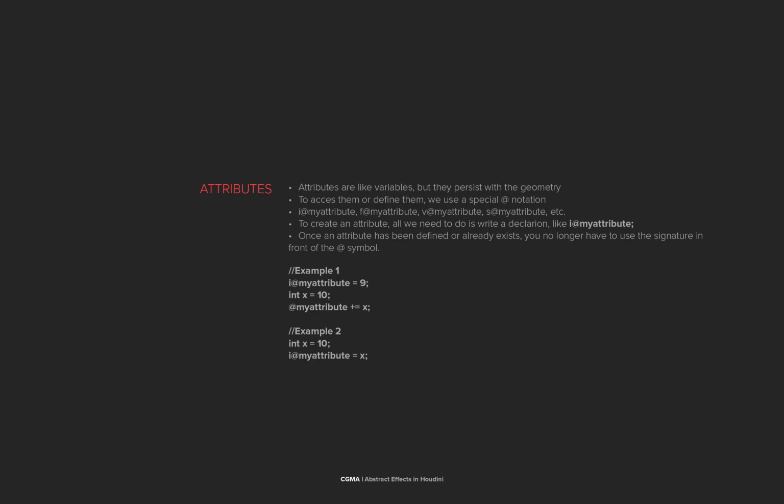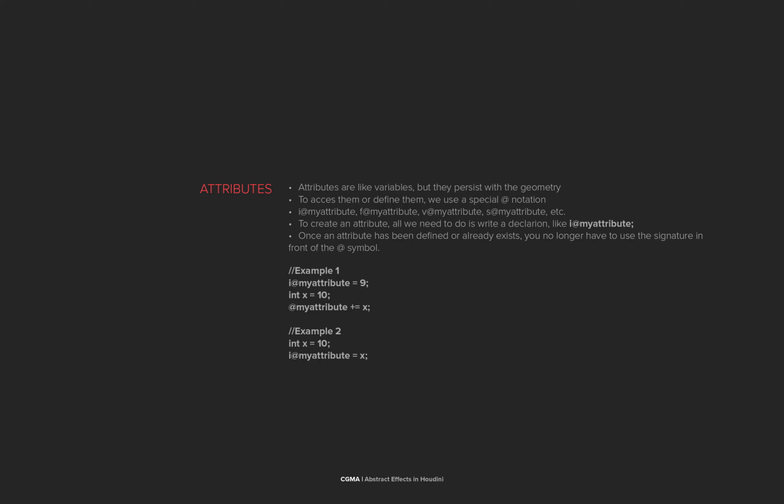So they stay with your geometry up until the point that you tell your geometry to delete the attribute, or some sort of operation happens in Houdini that ends up blasting away your attributes anyway, such as converting something to a volume. You might not be able to preserve point attributes at that point. So that's the one piece to really remember, is that attributes persist.